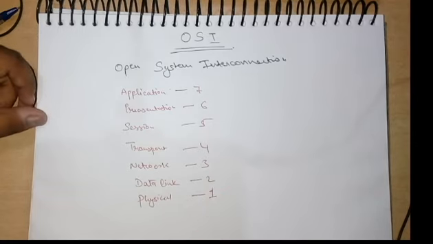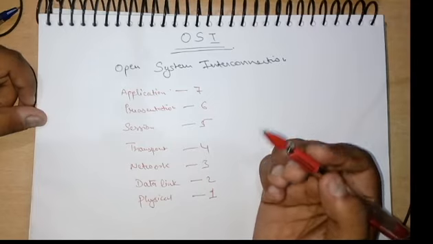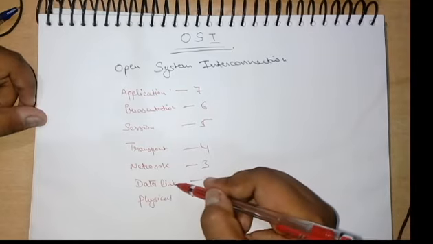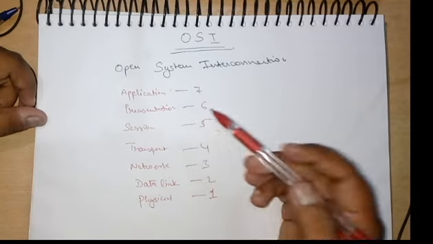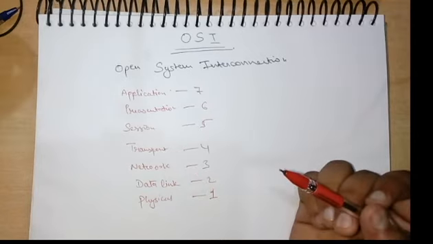So the layer counting starts from physical, then goes up to application layer. Physical layer, data link layer, network layer, transport layer, session layer, presentation layer, application layer.